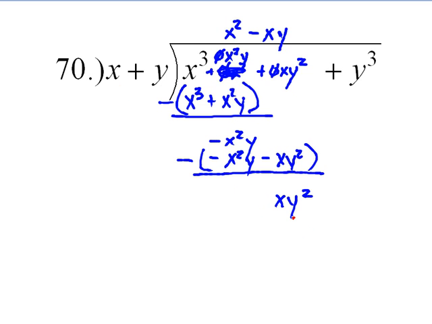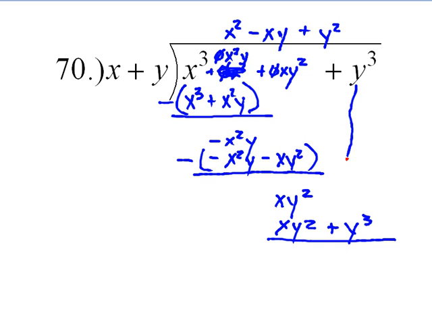What do we need to multiply x by to get xy squared? Should be y squared. See, we need a positive y squared. X times y squared is x y squared. Y squared times y is y to the third.